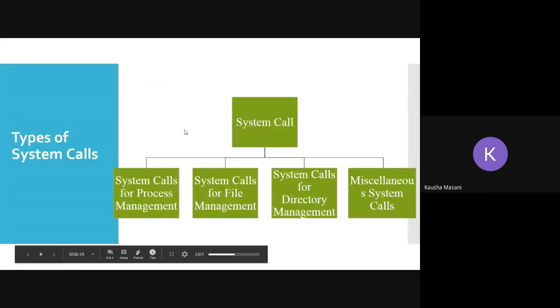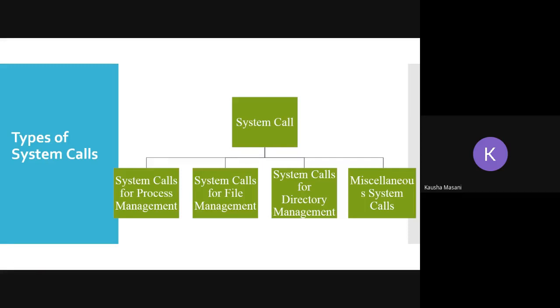Okay, so previously we were talking about types of system calls. I told you there are majorly four kinds that we can categorize: system calls for handling your processes, that falls under system calls for process management. Then comes system calls for file management, handling the files.